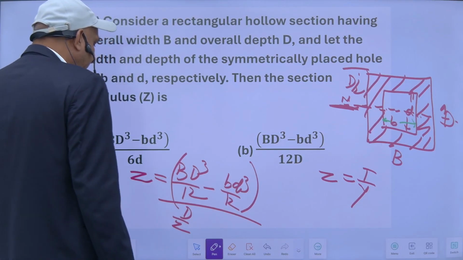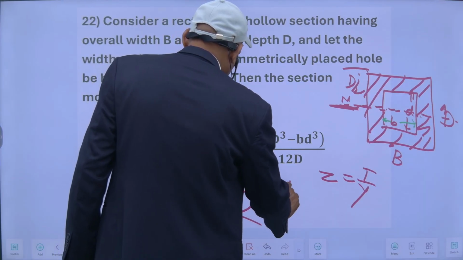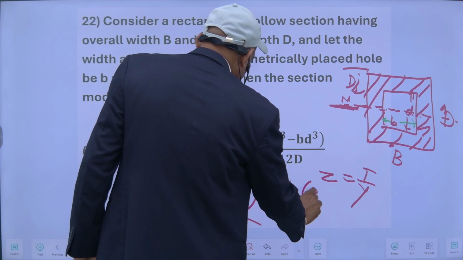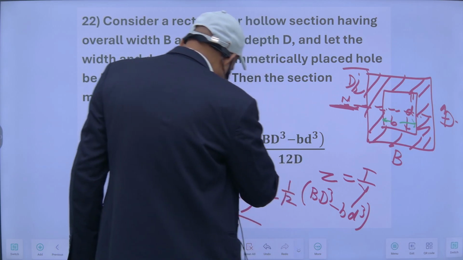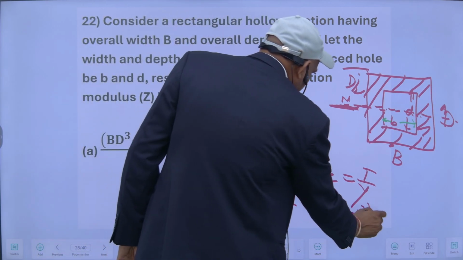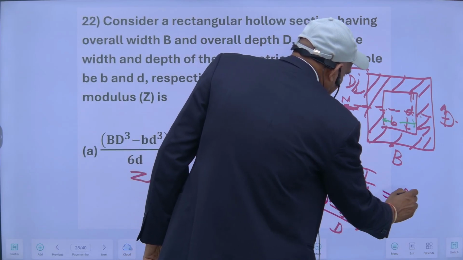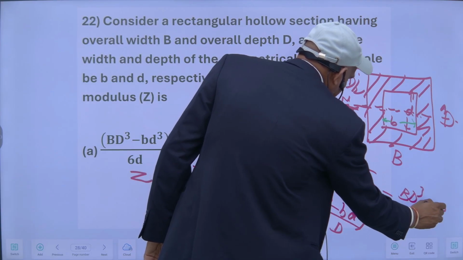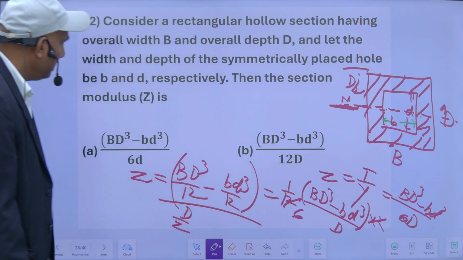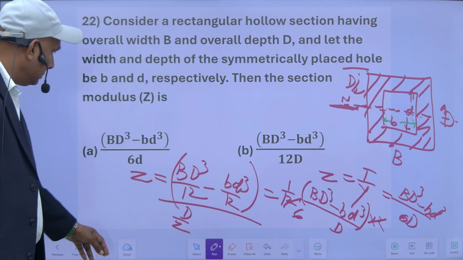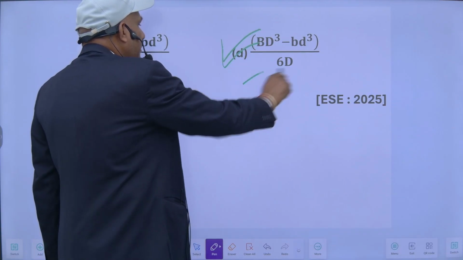So it will become 1 by 12 into (BD cube minus bd cube) into 2 upon D. So it will be (BD cube minus bd cube) upon 6D. It means this one is the right option.